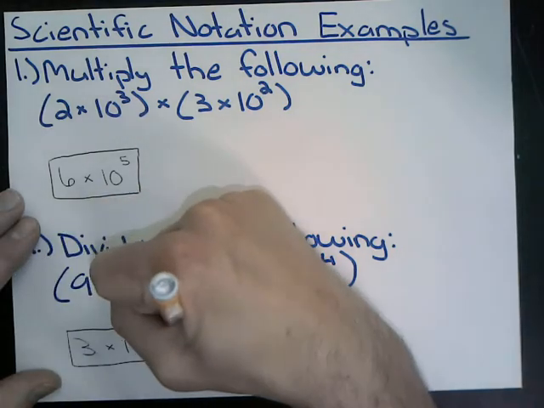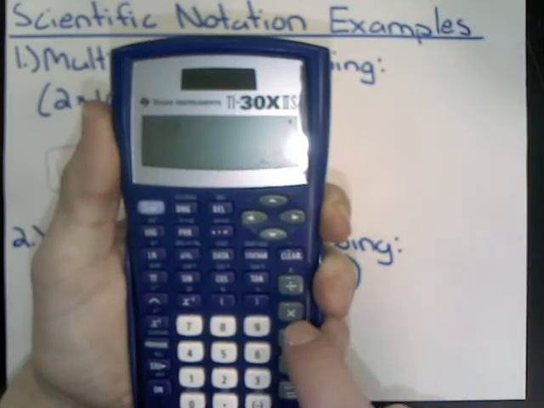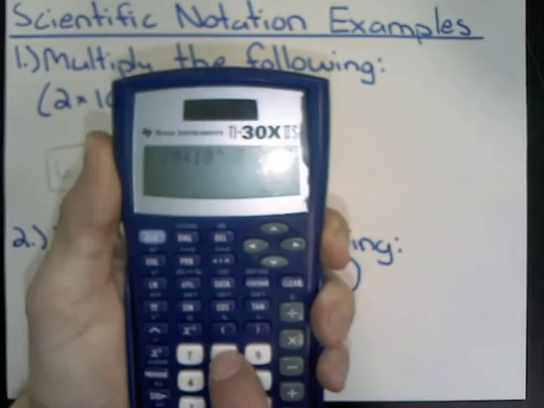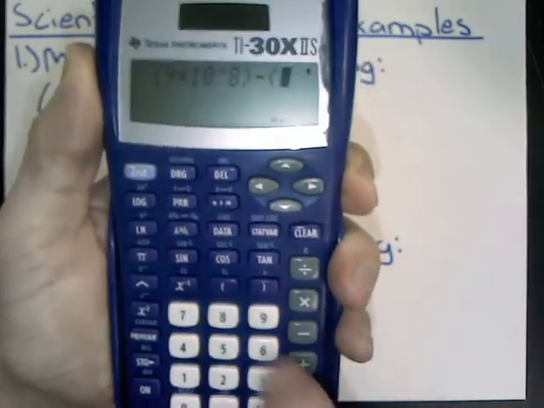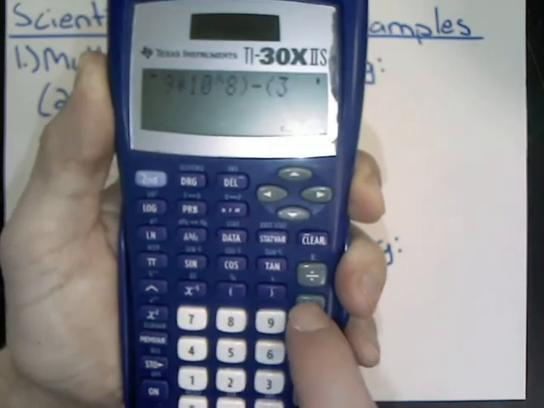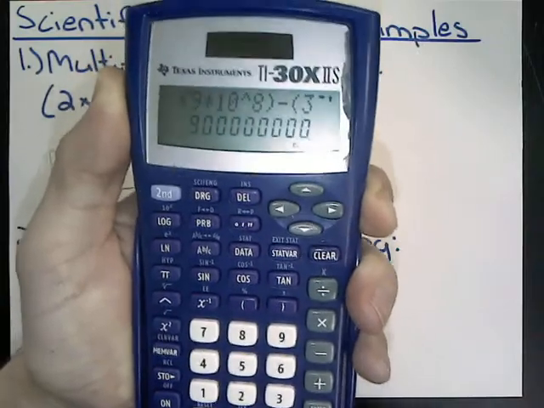We're going to verify it with our calculator here in just a second. So we take 9 times 10 to the 8th, divided by 3 times 10 to the negative 4th, and we press enter.